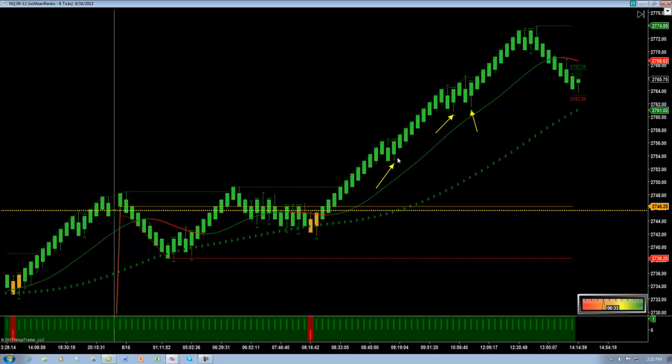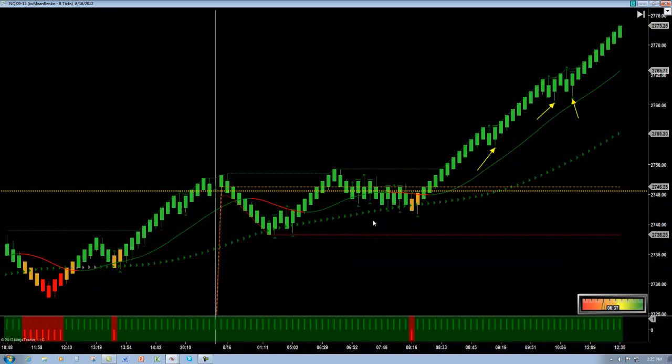All right, now let's go ahead and let's take a look at this choppy area right here. You will notice one thing. It is lingering around the Globex Open, which is the orange line here, and it's also lingering around the regular trading hour open. These trades, for the most part, I don't care which one of the DTS signal generators I'm working with.